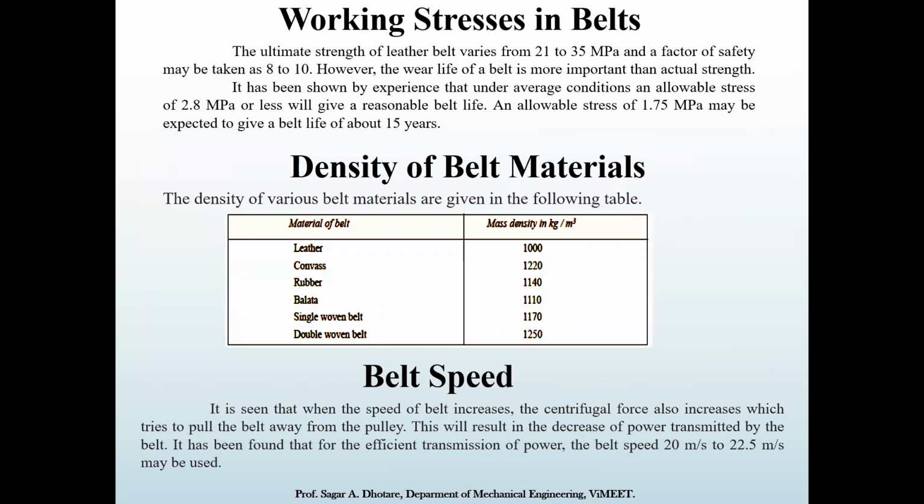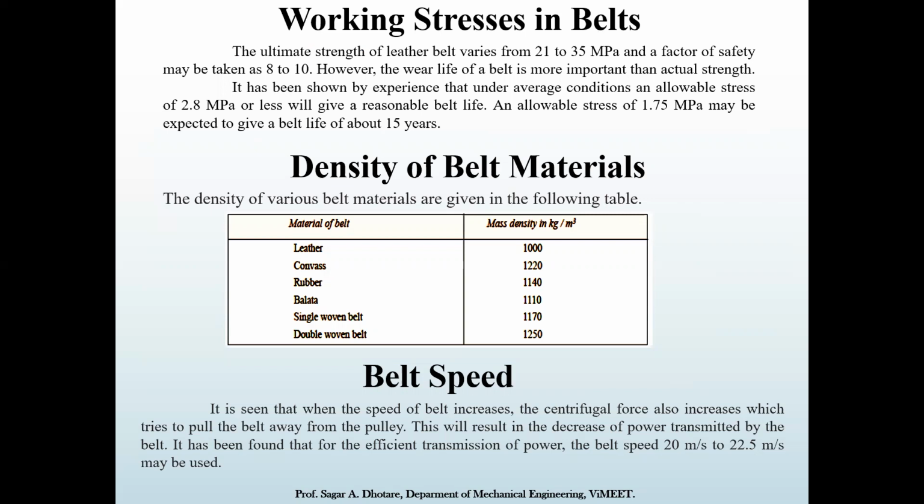Now, what could be the working strength while designing the belts? The ultimate strength of leather varies from 21 to 31 megapascal, and generally the factor of safety considered is 8 to 10. However, the wear life of the belt is more important than the actual strength.